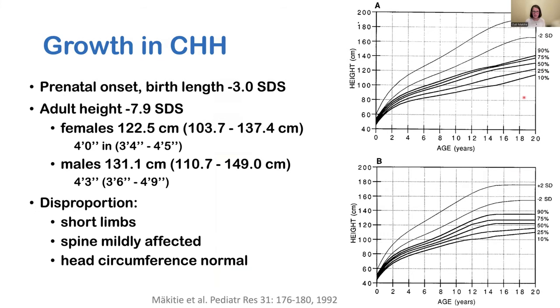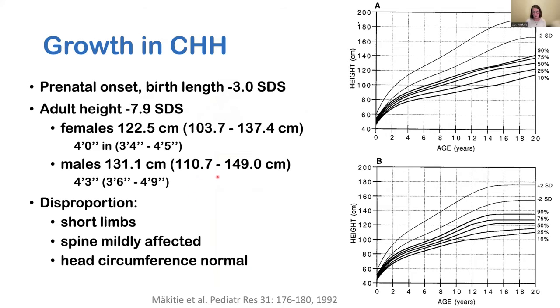So already at birth, the patients are relatively short. Adult height, both in males and females, is approximately minus 7.9 SDS, and I've given the values here in centimeters, and I tried to calculate in feet and inches. Hopefully they are correct.